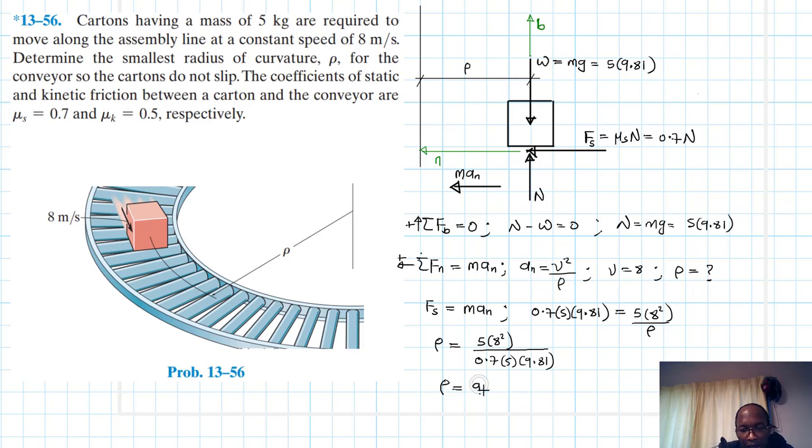This gives us 9.32 meters. So this is the smallest radius. We have found rho, the radius of curvature, which is the smallest in this case.